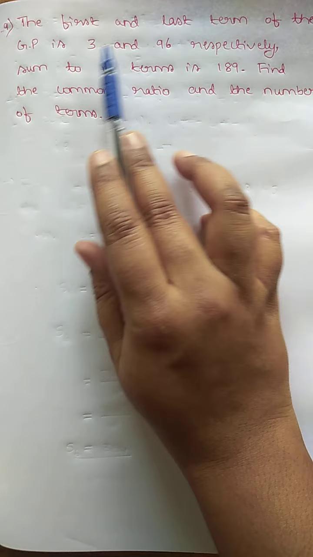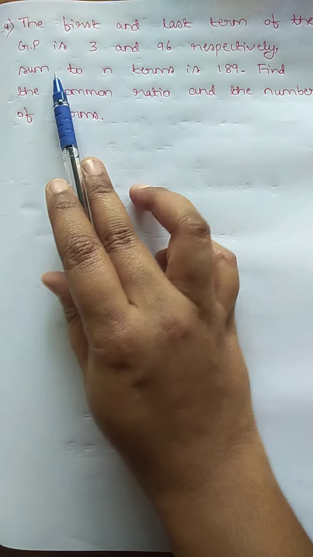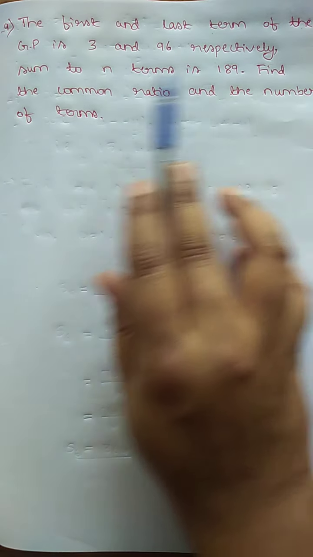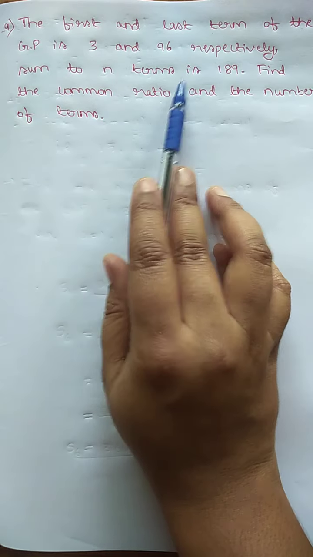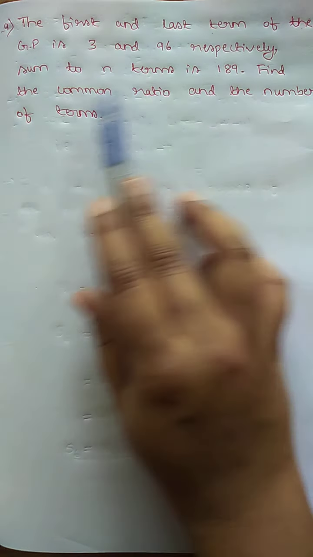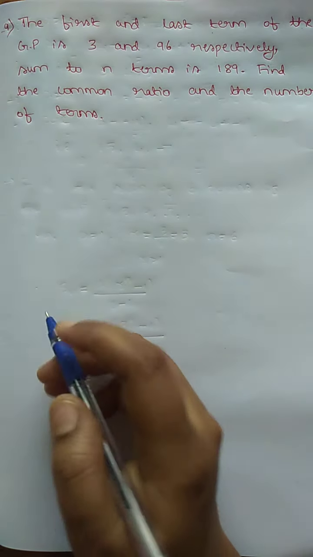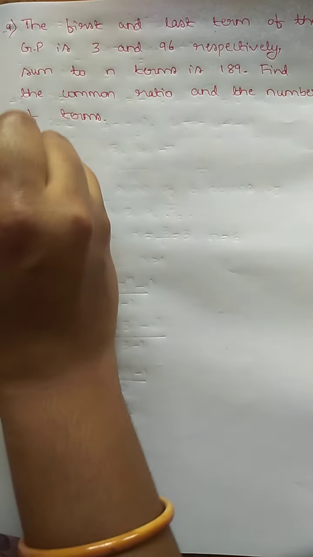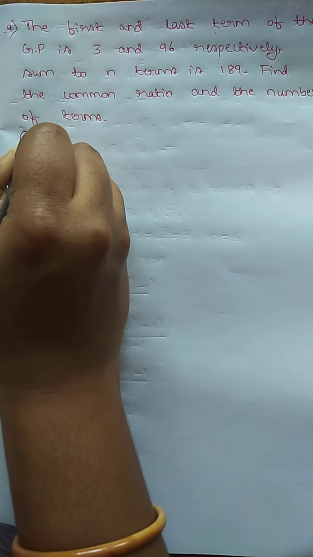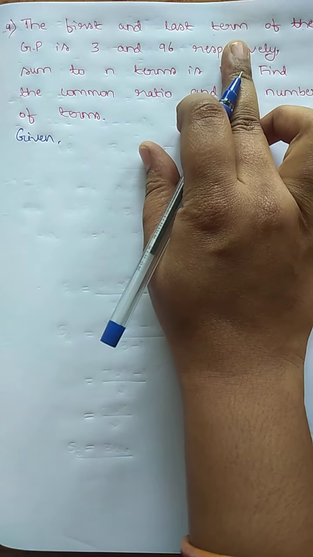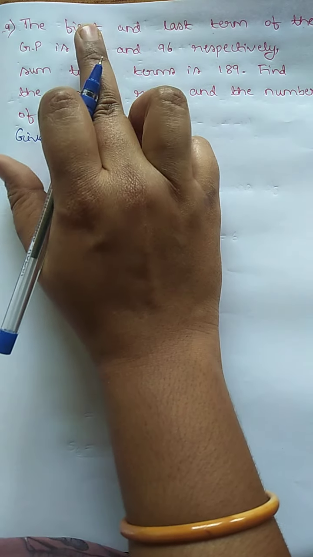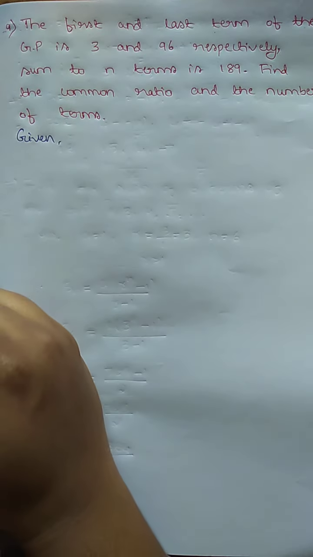Next one, the first and last terms of the GP is 3 and 96 respectively. Sum to n terms is 189. Find the common ratio and number of terms. Okay, first write down the given data. First term means A, last term means Tn.